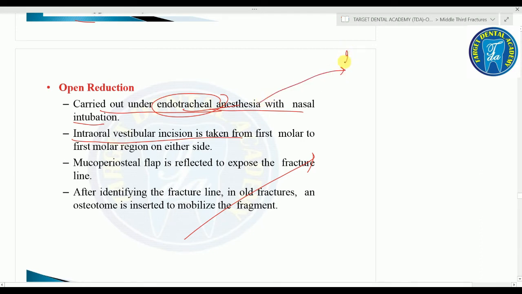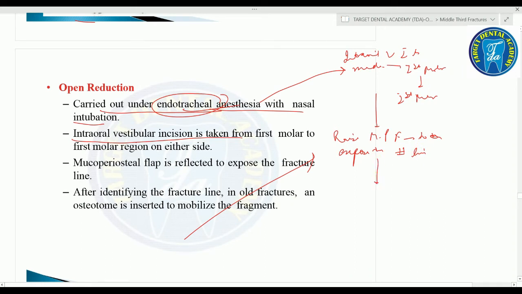In this, an intraoral vestibular incision is made, and it is made from first molar to first molar. Then after this, you have to raise the mucoperiosteal flap to expose the fracture line.